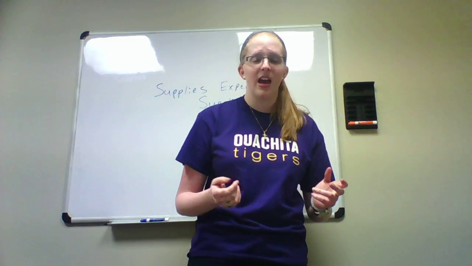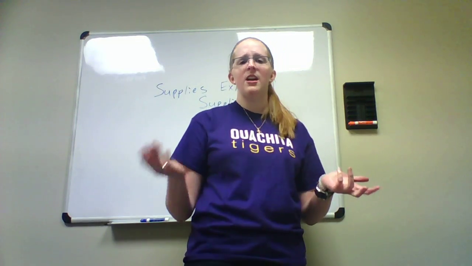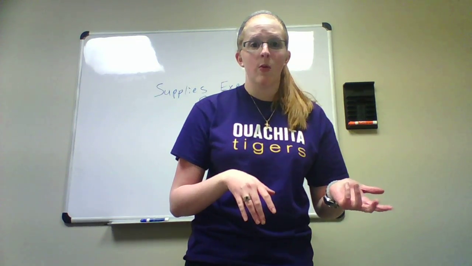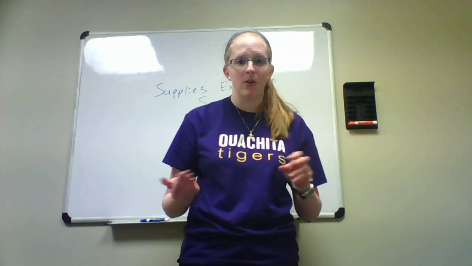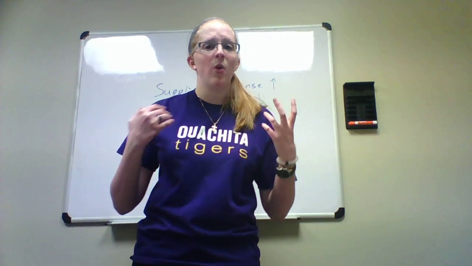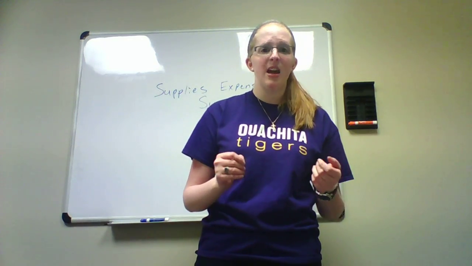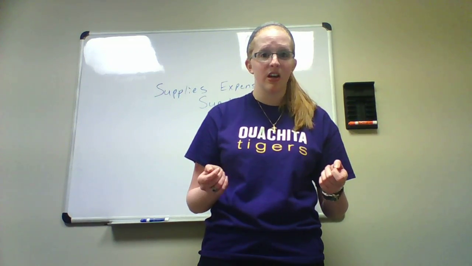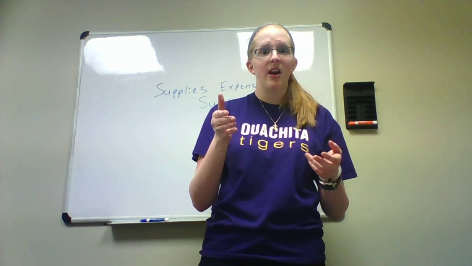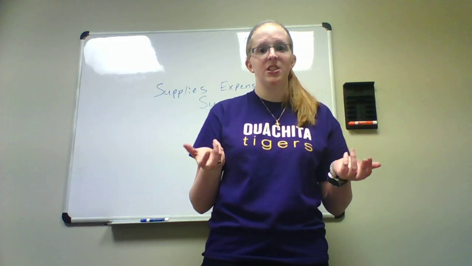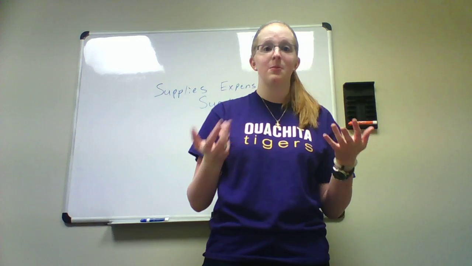For the second part of the problem, it says expired insurance for the month is $100. This is the same as part 1, except with a different asset account. If you bought $1,200 worth of insurance for the year, in January you have $1,200 worth of insurance. But once you hit February, you only have $1,100 worth of insurance, because every month it expires.